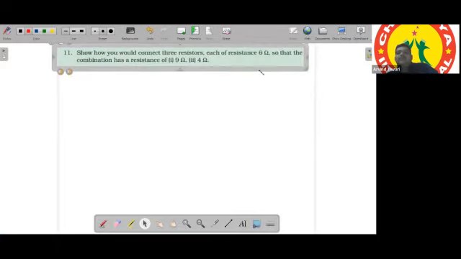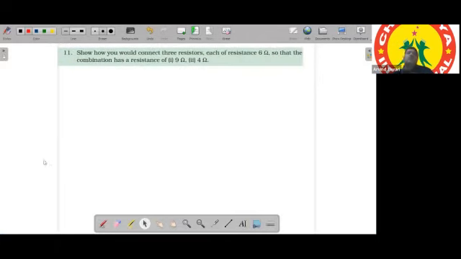So apply your minds. Show how you would connect three resistors, each of resistance 6 ohm, so that the combination has a resistance of 9 ohm and 4 ohm. Okay.